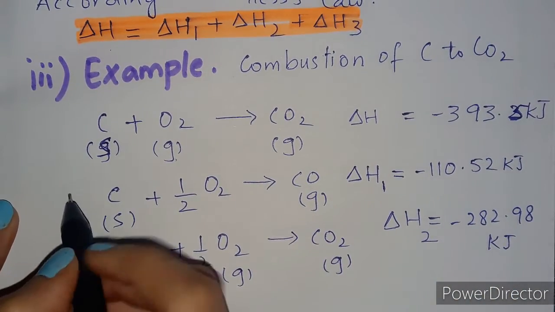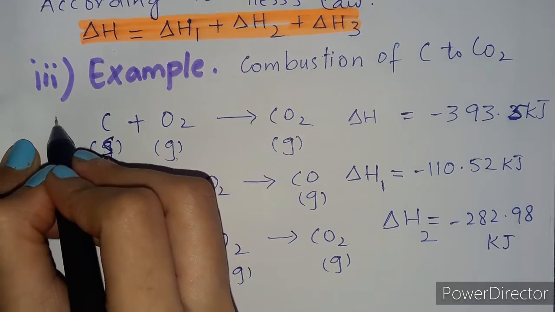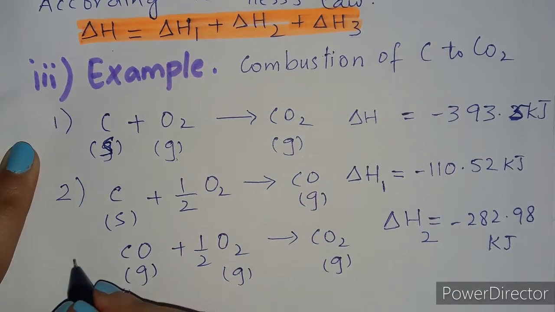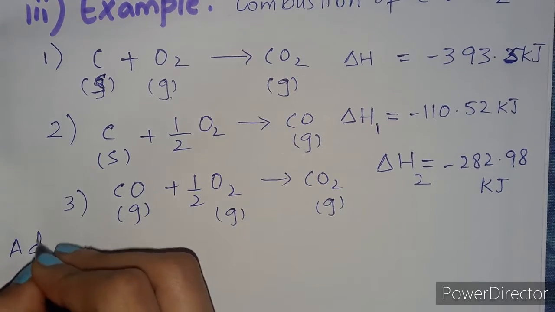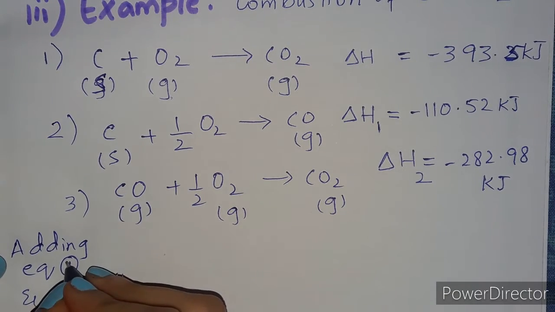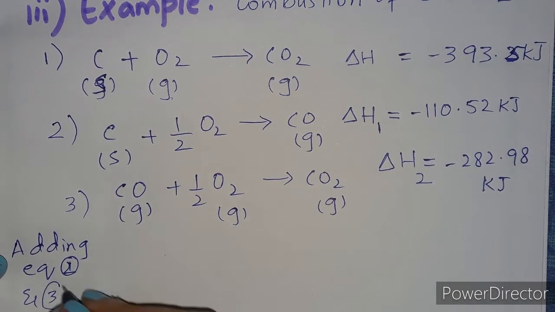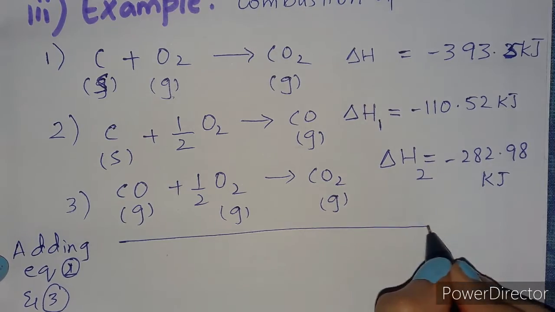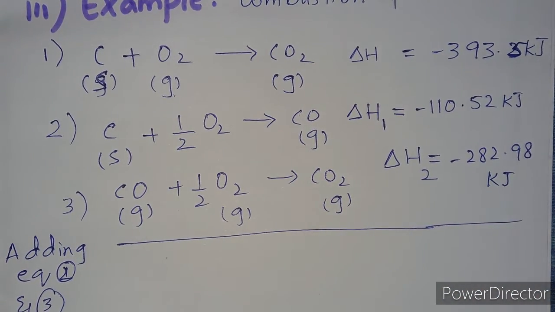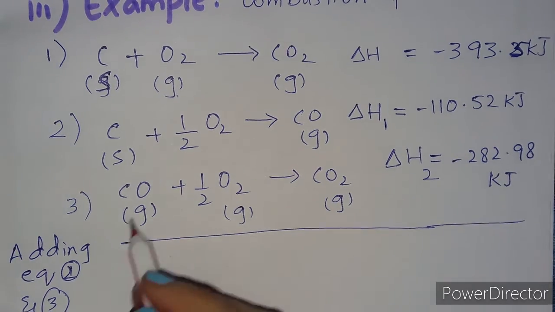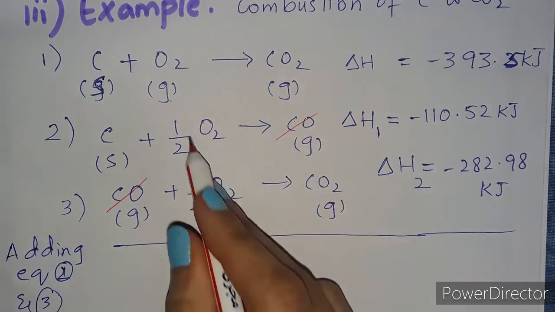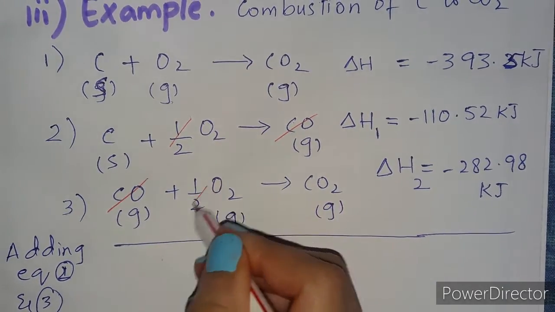Now this is the first equation, this is the second, and this is the third equation. Adding 2 and 3, we get, adding these two equations, you can see carbon monoxide is cancelled from here and this half is cancelled from here.